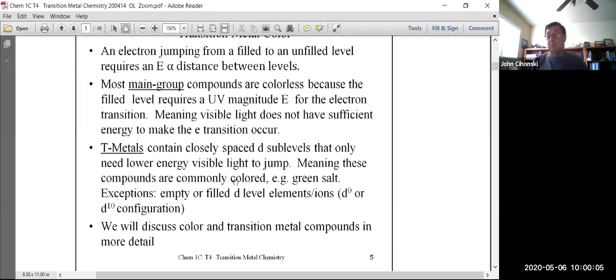Now, we're not going to worry about where it's jumping from or to at this time. All we're going to worry about is, can we see the transition or can we not. And what we're saying is for transition metals, we can see it. It is a characteristic that is useful to us, okay?